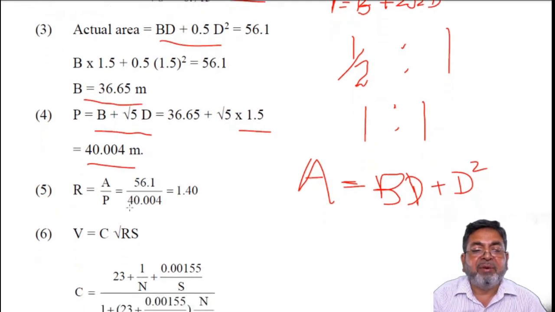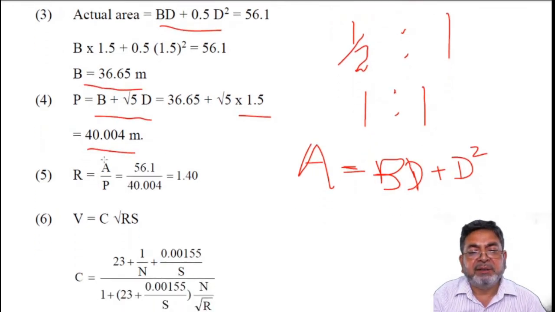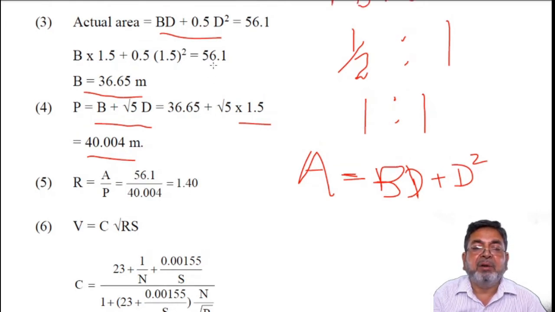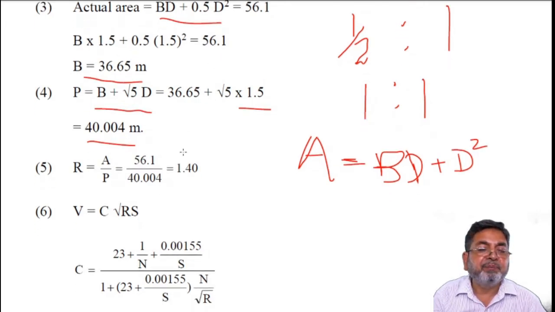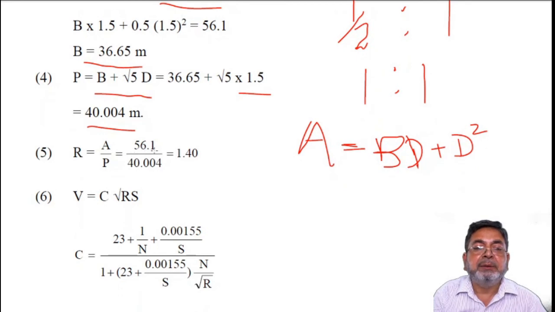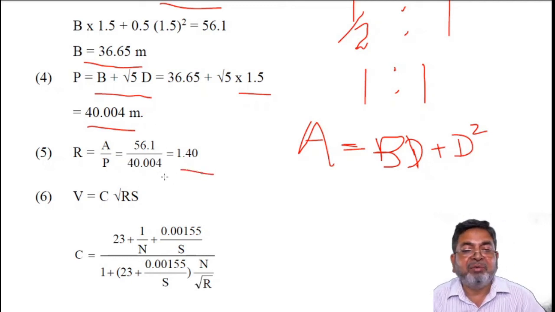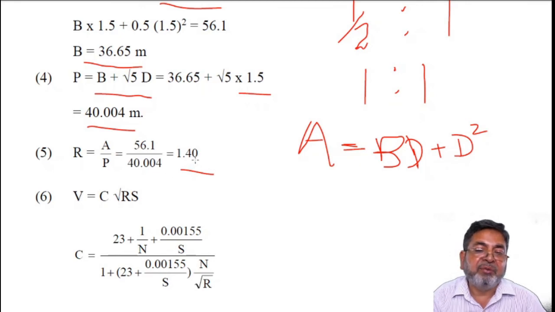So now you will find out the hydraulic radius, that is A upon P. Area you have already got, 56.1, and the wetted perimeter you have just calculated. So you will put here, and the value of R that you will get is 1.4.